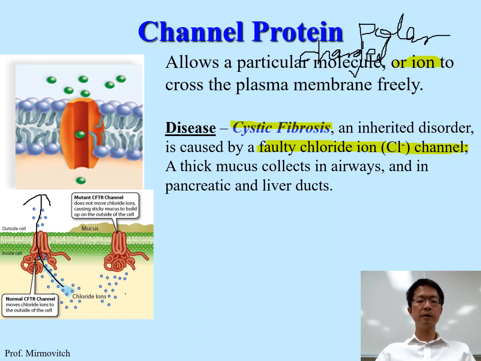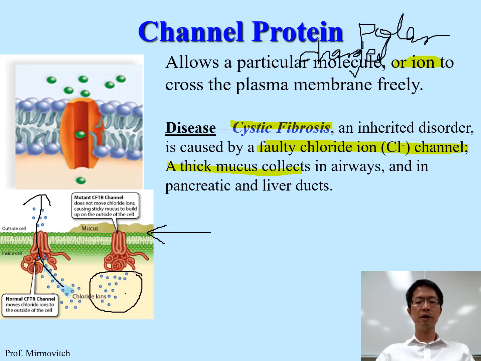But if it does not pump out, then you have accumulation of chloride ion, and your cells start to secrete mucus, telling you that, okay, I'm sick, I have too much chloride ion. And that's the major symptom of cystic fibrosis.